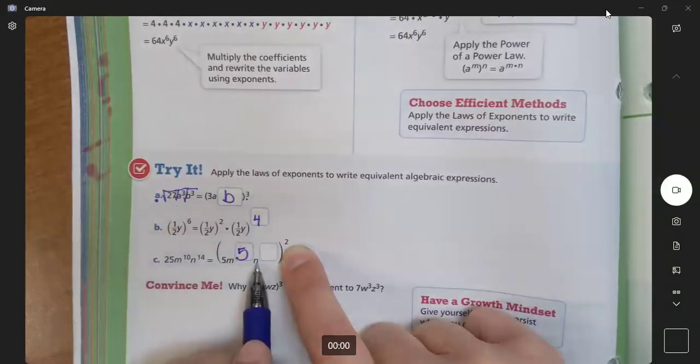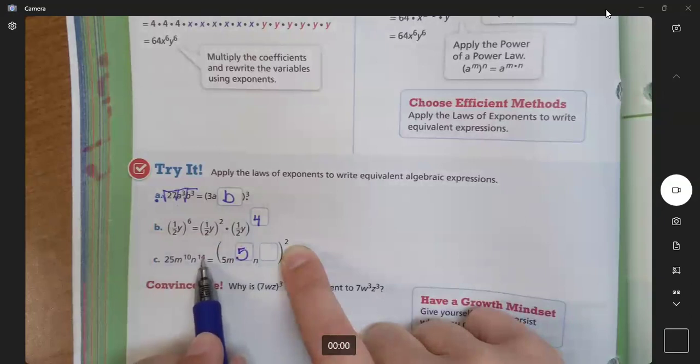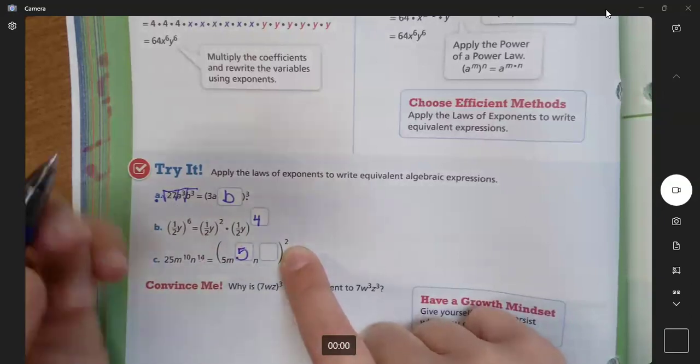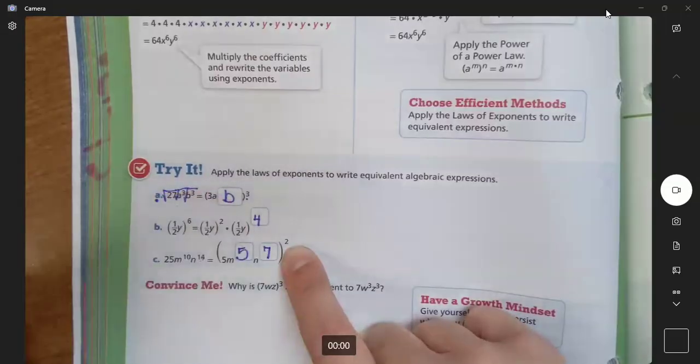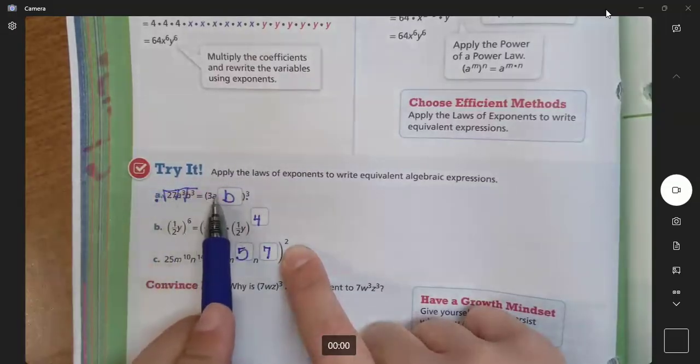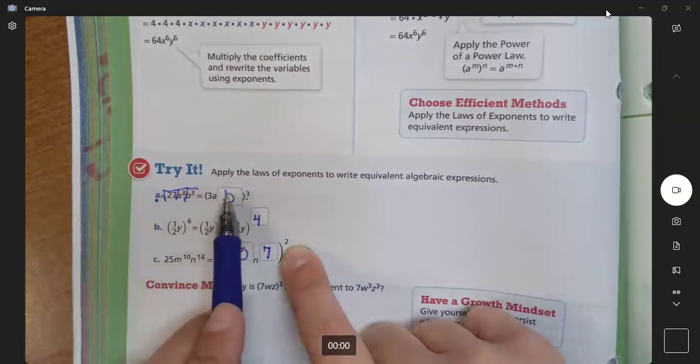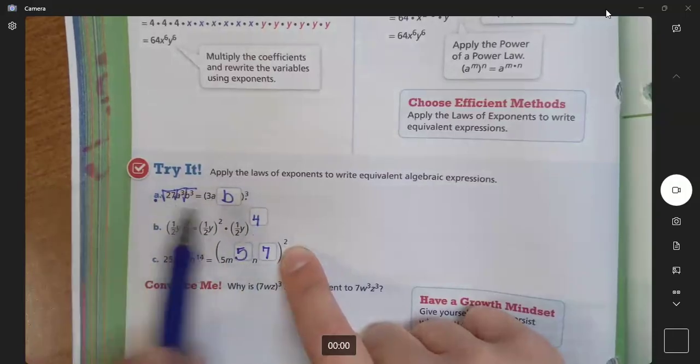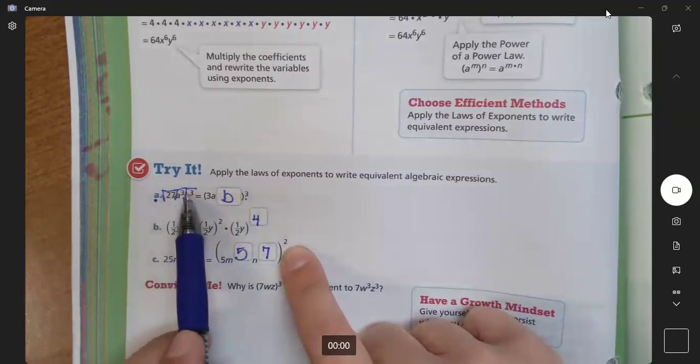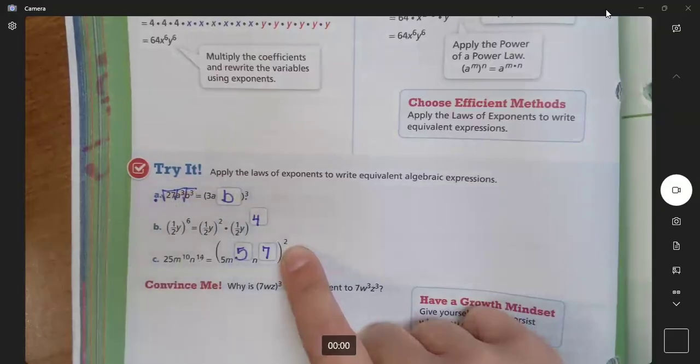5. And what times 2 gives us 14? Hopefully you said 7. I guess that works here too, because it would be 1. So 1 times 3 and 1 times 3, you'd still get 3. But this one was a little bit different because they were all cubed.